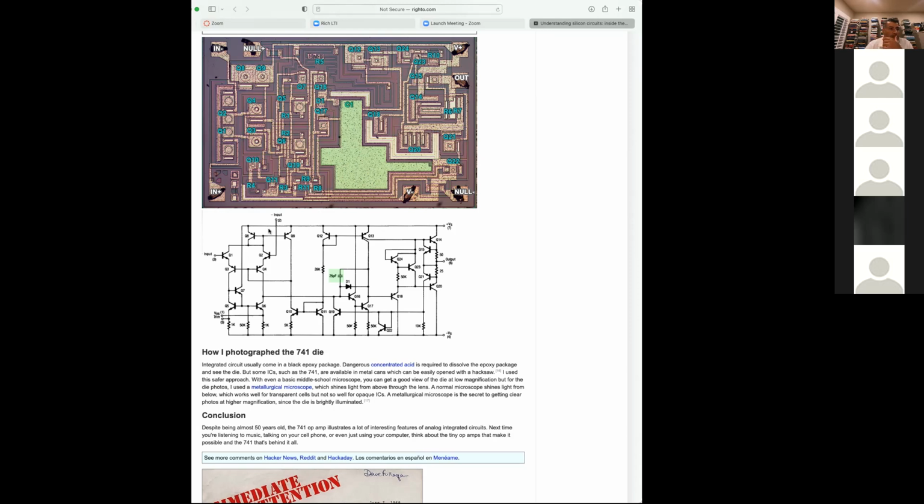So what you can do is put a bunch of gain circuits in series, and let's say each one has a gain of 100. If you put 3 of them in series, you're going to get a total gain of 100,000.